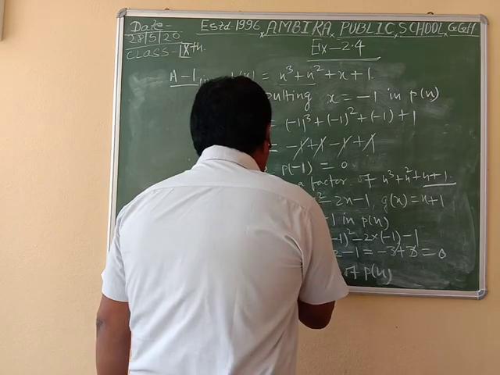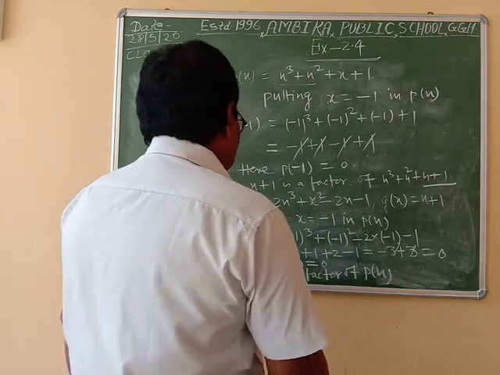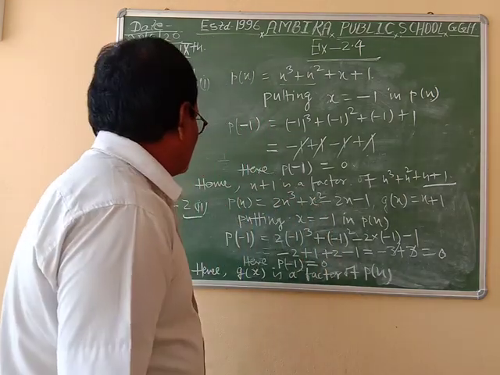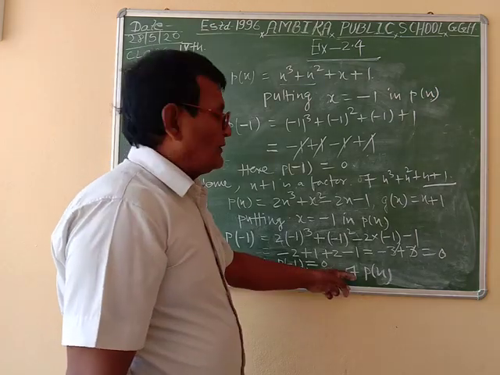If p of minus 1 equals 0, then by the factor theorem gx is a factor of px.